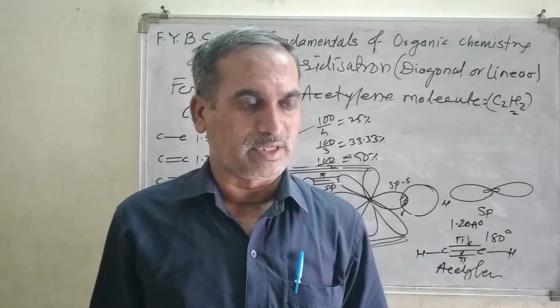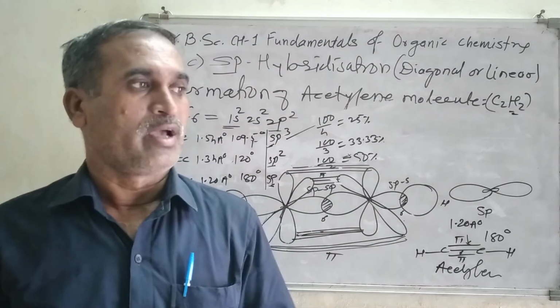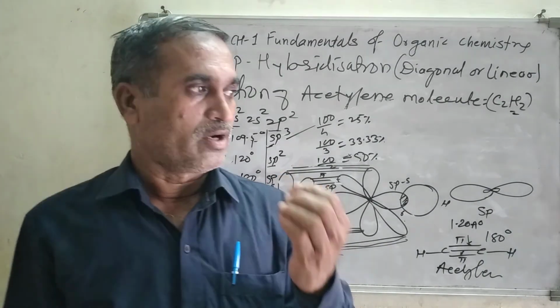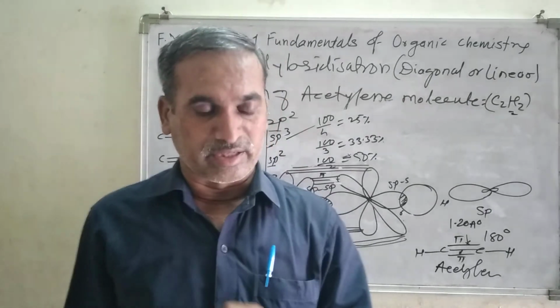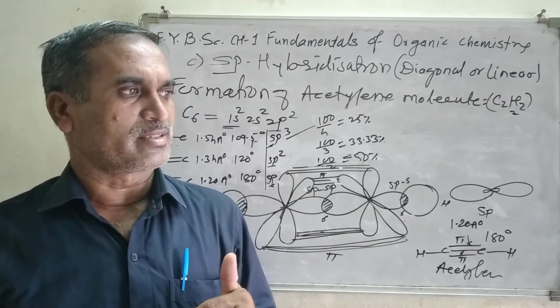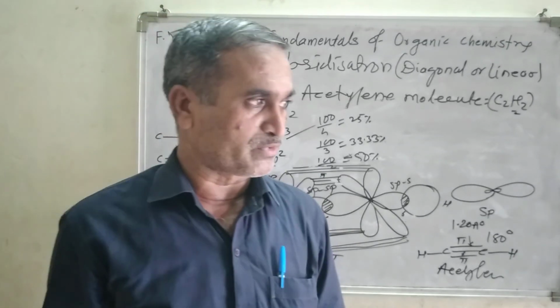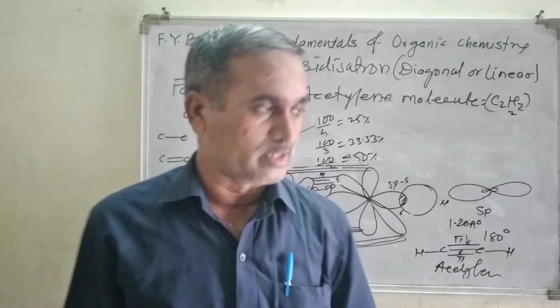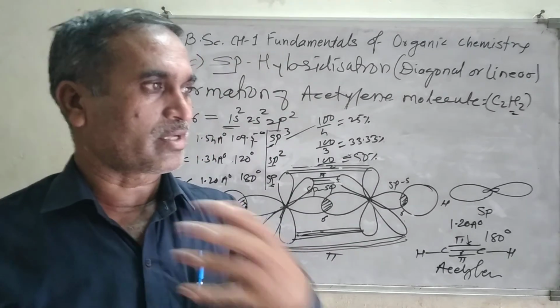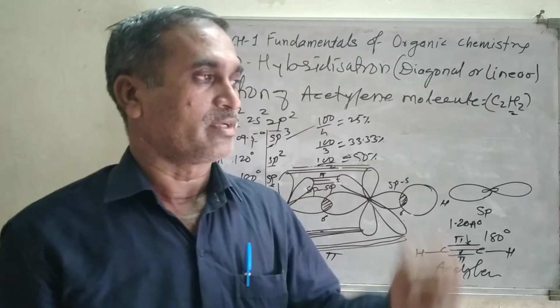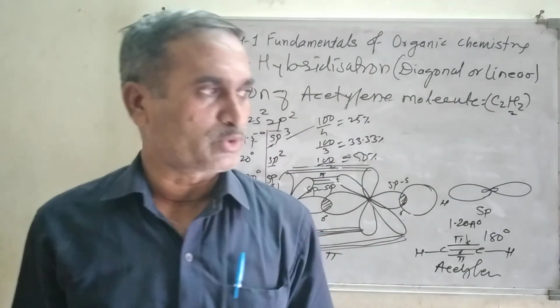This type of intermediate we are going to learn, and after that we will learn bond angle, bond length, bond energy, intermolecular forces, intramolecular forces, and polarity of the bond, some of the basic things.